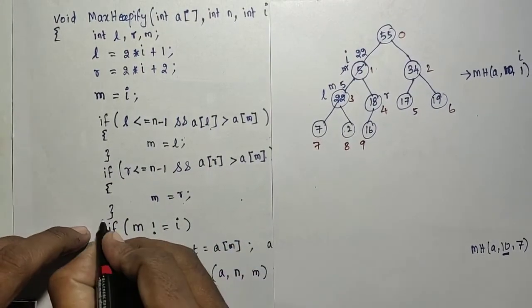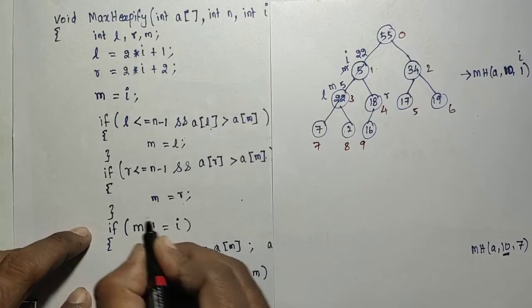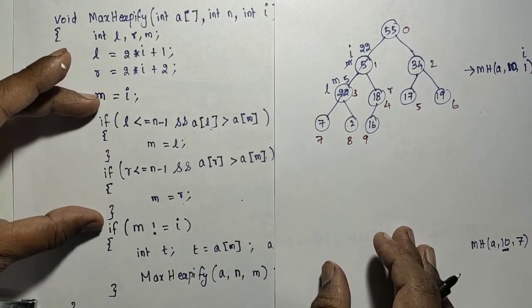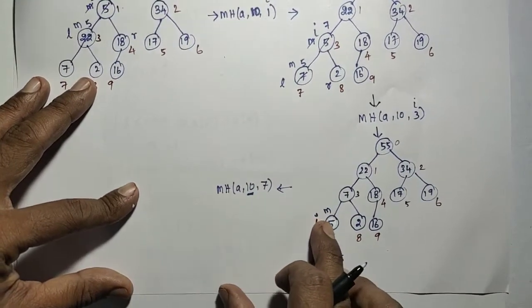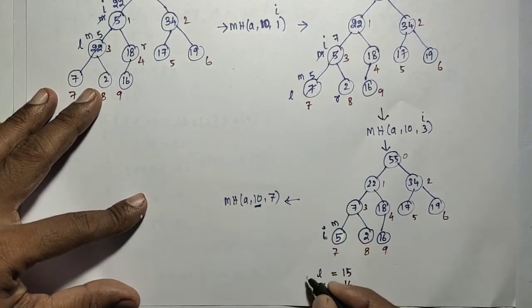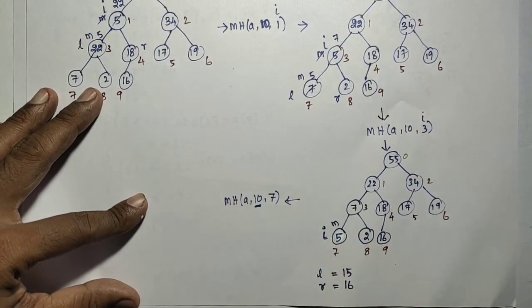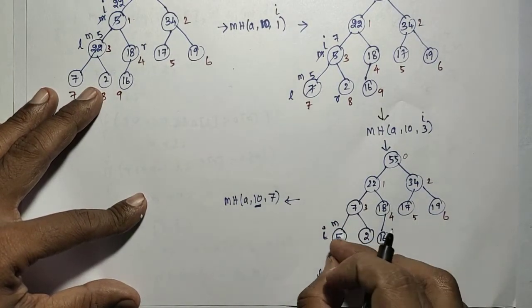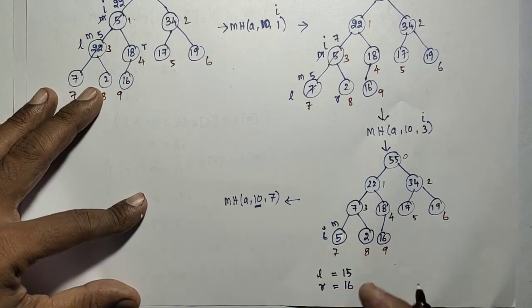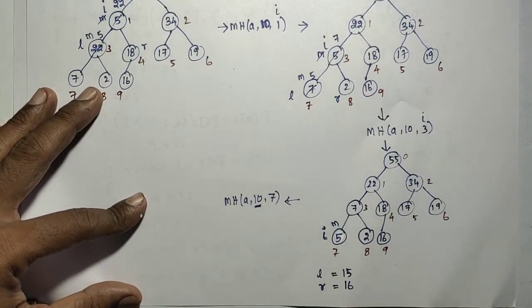So at the end of this if statement, there is no change in m, still pointing to the ith element. So m is not moved to the left or to the right, it is still pointing to i. It means that the nth element is in heap. So further, no need to call max heapify.